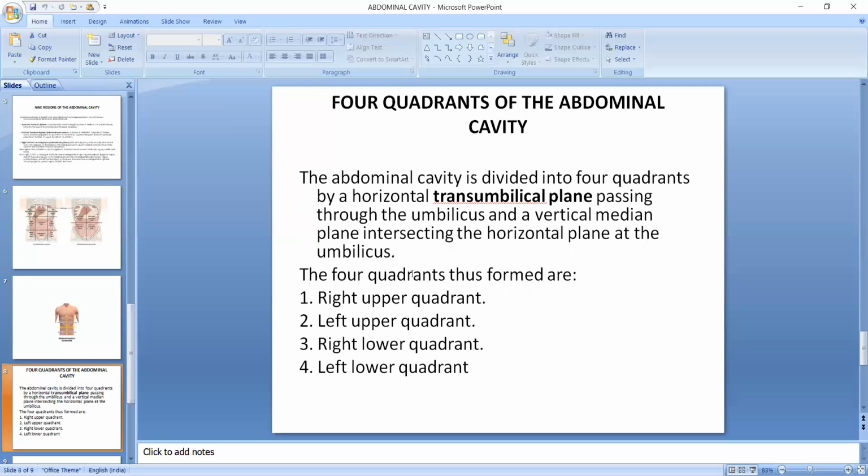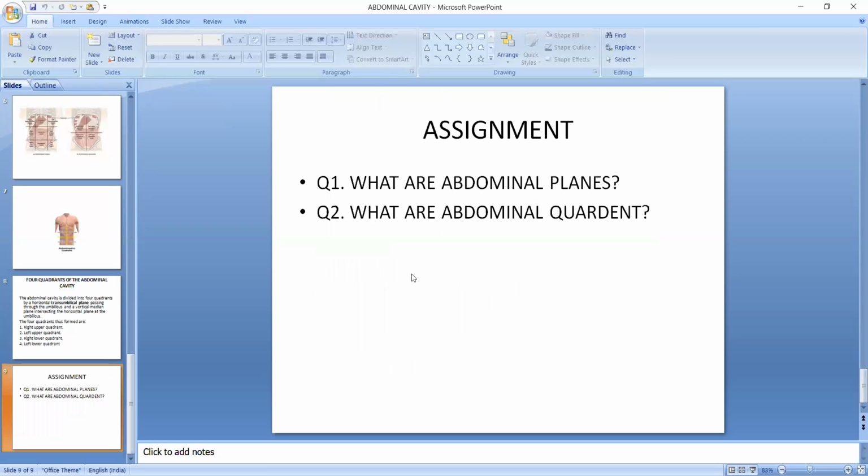So these planes intersect each other and divide the abdominal cavity into four large quadrants, and these quadrants are named as right upper quadrant, left upper quadrant, right lower quadrant, left lower quadrant.